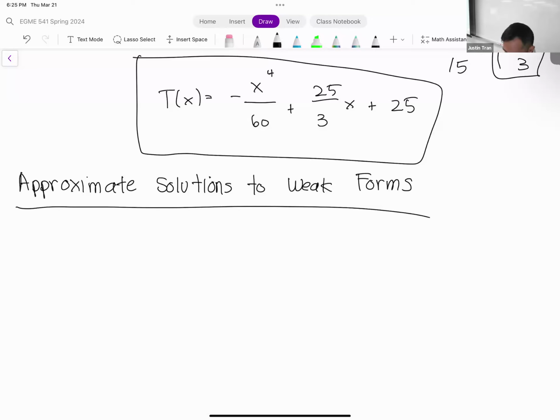Okay. So what we've just done with the strong form is we found what's called an exact solution, right? So we solved our equation in the exact way. Okay.